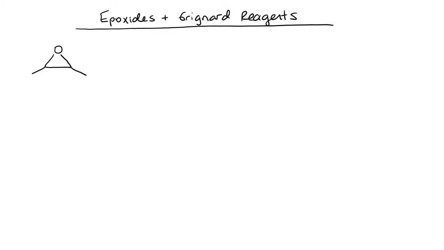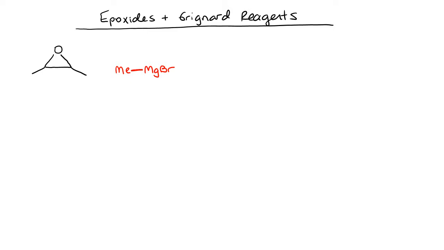Now let's take a look at how epoxides would react with Grignard reagents. So we'll go ahead and use this epoxide and treat it with a Grignard that has a methyl group. Now if you recall from the alcohols chapter, Grignard reagents are very strong nucleophiles, and the electrons between the carbon group, the methyl group, and the magnesium are the electrons that are going to act as our nucleophile.